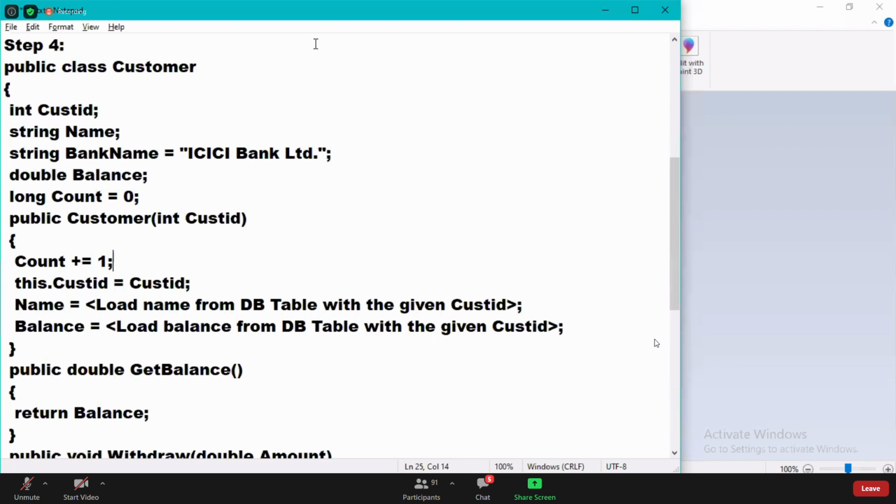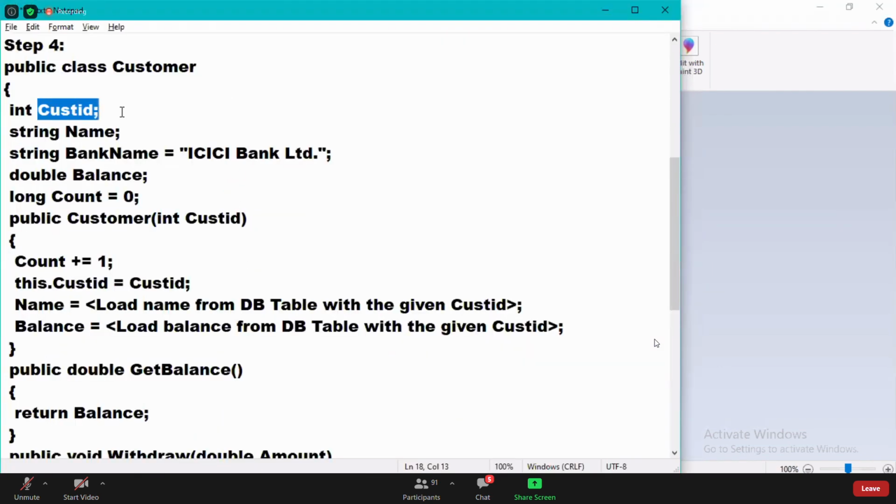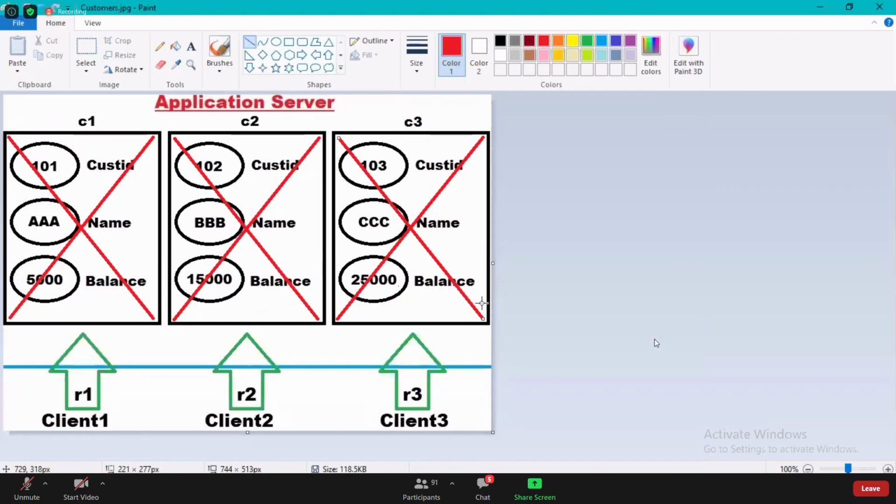Now, by looking at the behavior, can you tell me this customer ID should be of which type? Customer ID should be falling under which category?